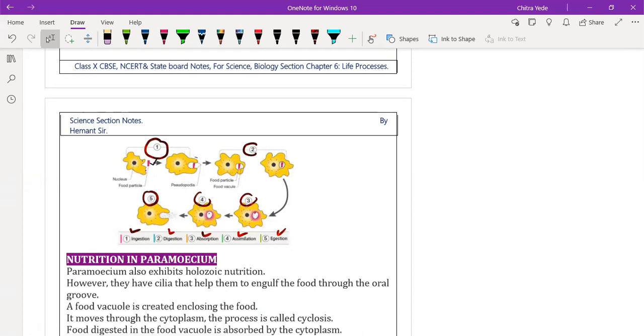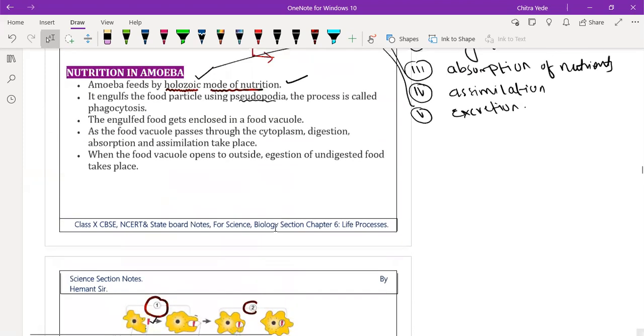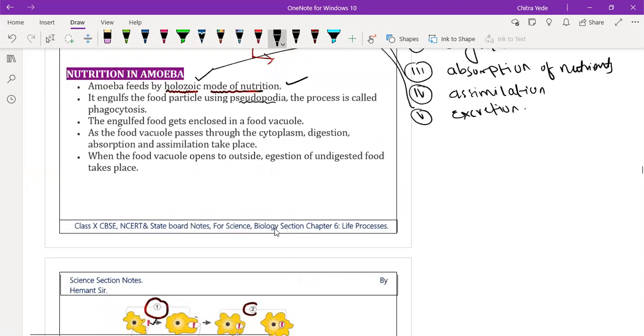Okay, wait a second. So this is the first stage in case of amoeba, which is nothing but intake of food. Then, by using pseudopodia, this process is called as phagocytosis. You have to remember this name.